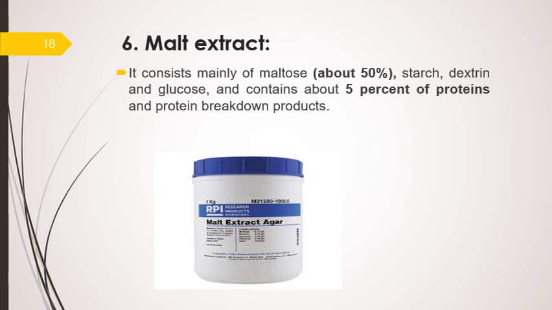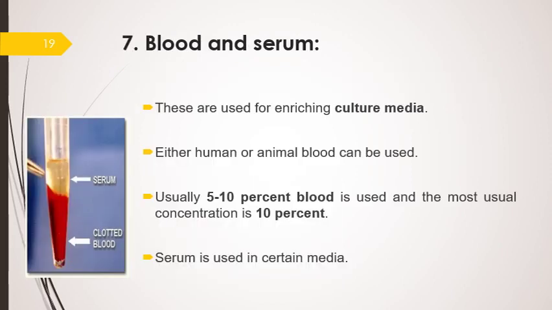Then blood and serum are very important for the preparation of enriched culture media. Either human or animal blood can be used, usually at 5 to 10%, with 10% being the most usual concentration. Serum is used in certain media as a nutrient component.